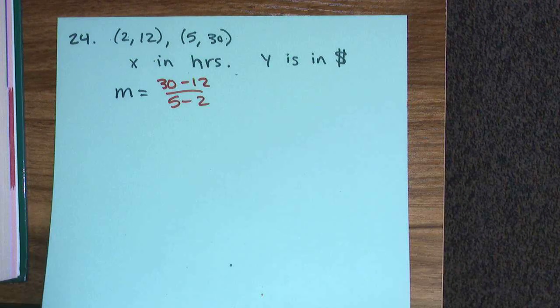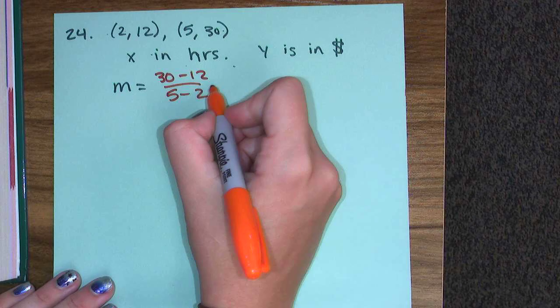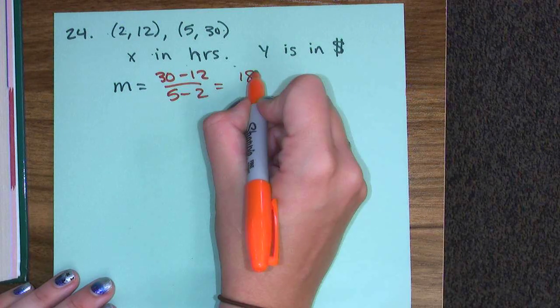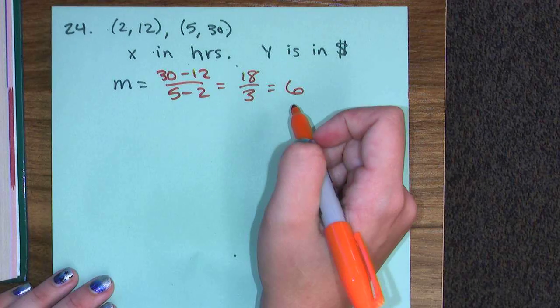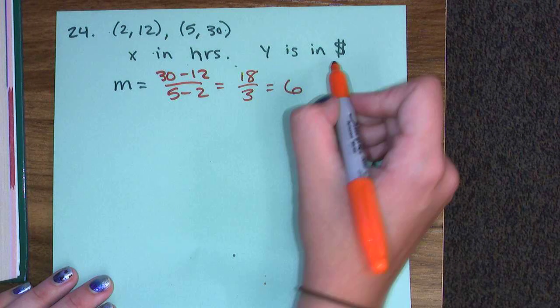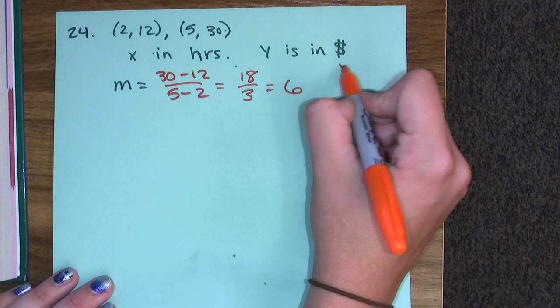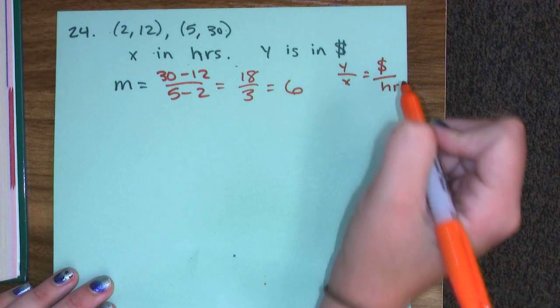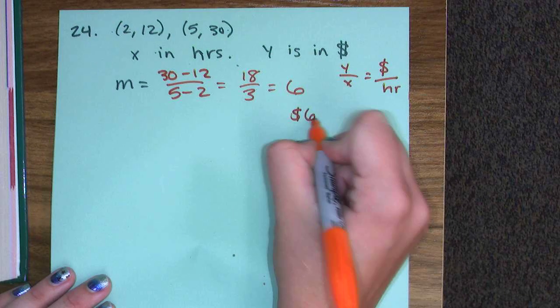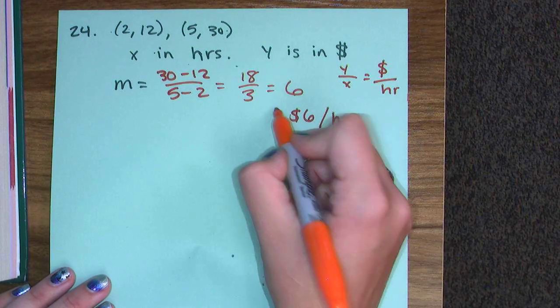30 minus 12 over 5 minus 2? 6. And then now we need to put units on it. Remember, if you need to do it this way, y over x is equal to dollars per hour. So then we would write that as $6 per hour.